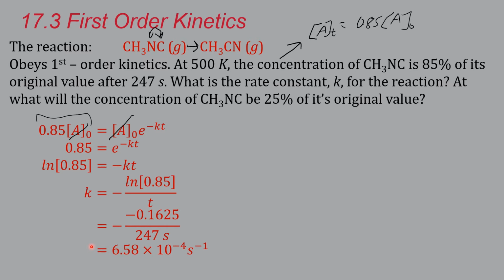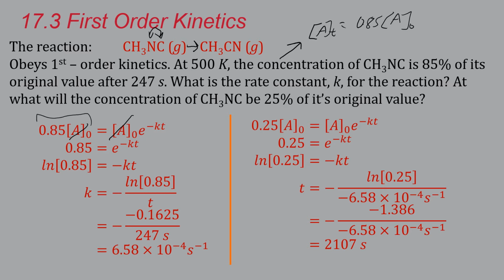So that was the first question. And getting that was, you needed that rate constant to actually get the second part of the question. At what time, I realized I forgot to write the word time, so we'll do that. And here is that one. It popped up.